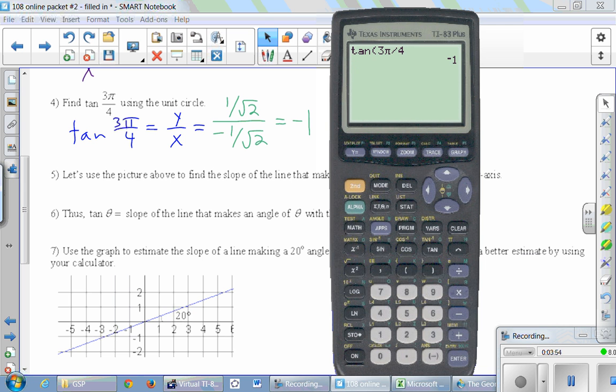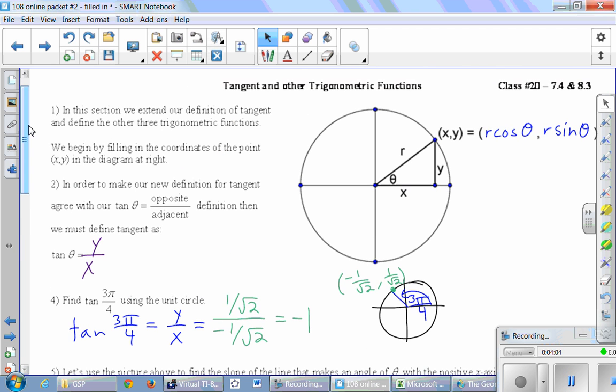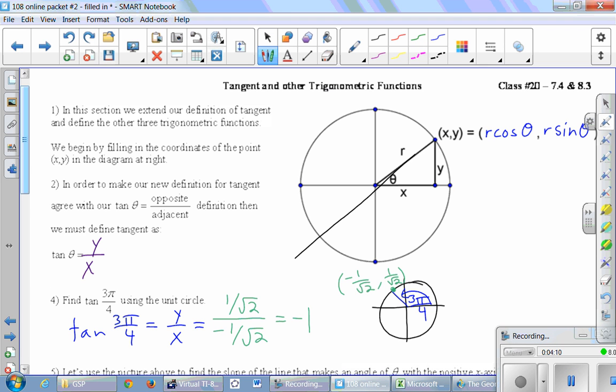All right, so moving on to number 5. Let's use the picture above to find the slope of the line that makes an angle of theta with the positive x-axis. So same picture as we had over here. I'm just asking you to find the slope of this line, the one that makes the angle of theta.